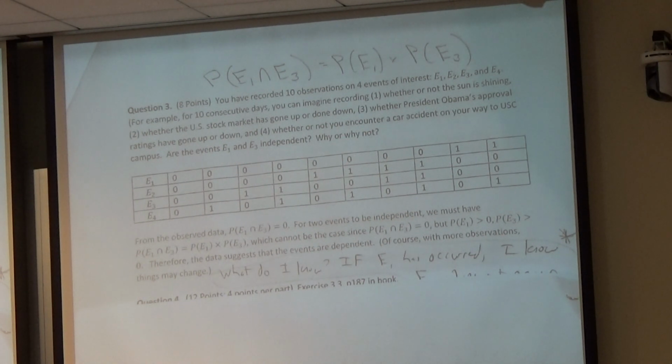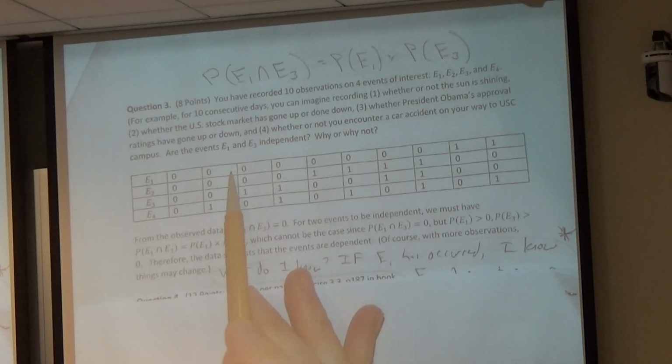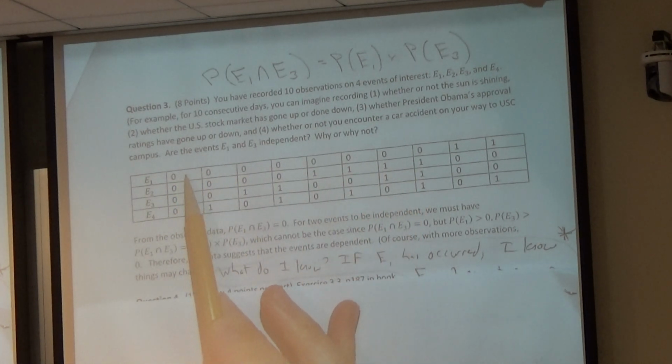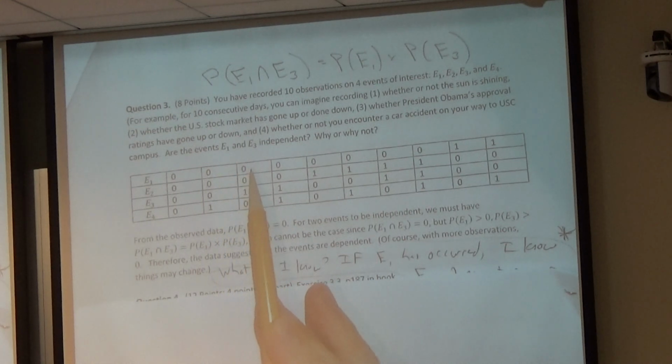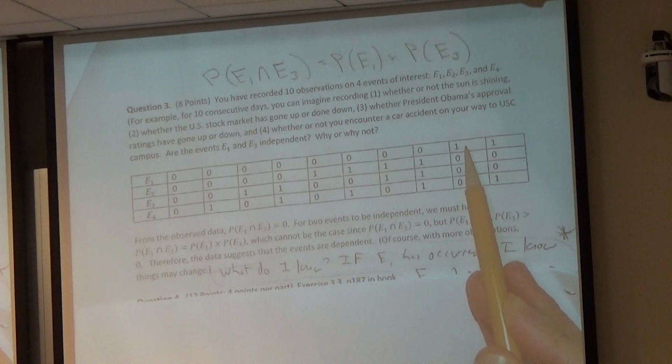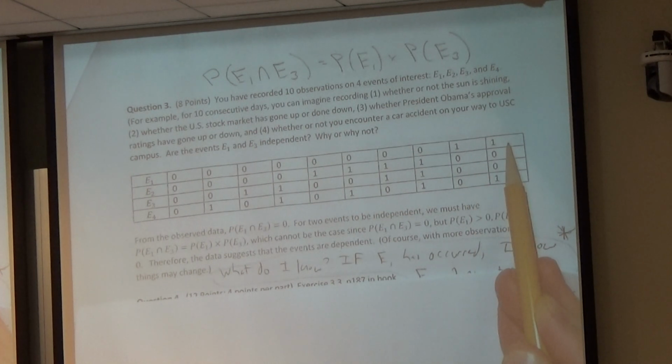So let's go to this data set, and let me ask you, how do I read this? I look at E1, and I have 10 days. On the first day E1 didn't happen, second day E1 didn't happen, third day, fourth day, all the way out to the 9th day it didn't happen, and the 10th day it didn't happen.